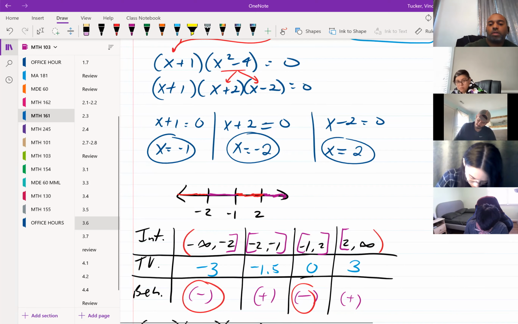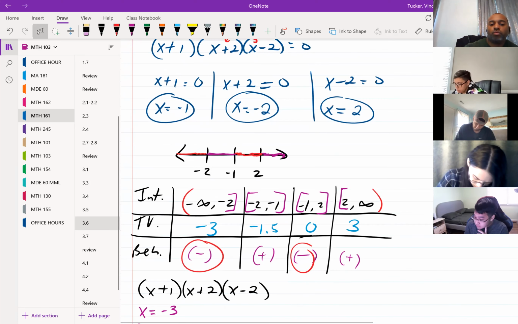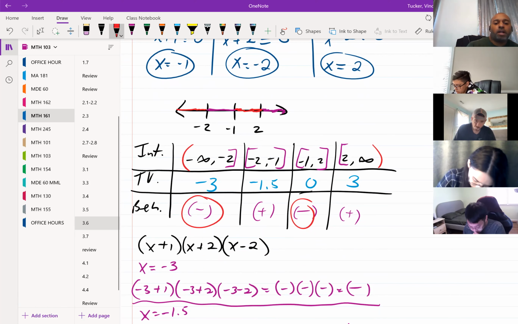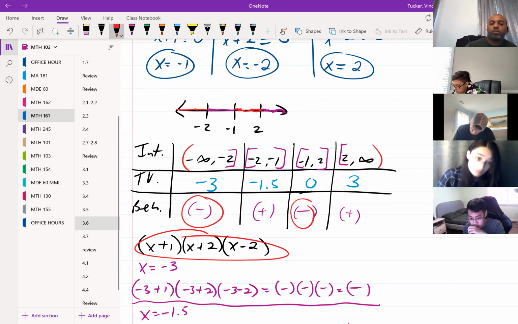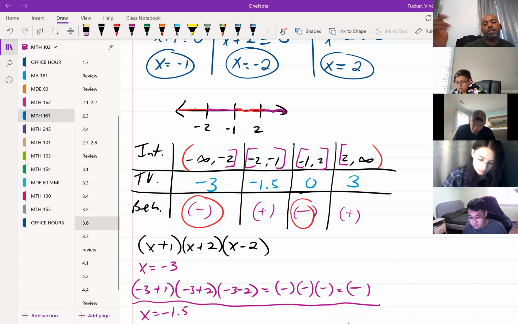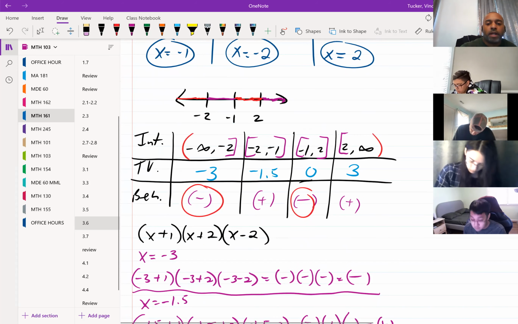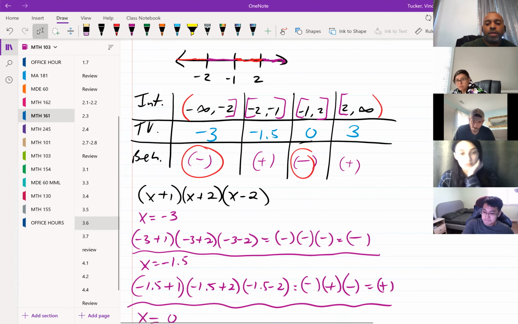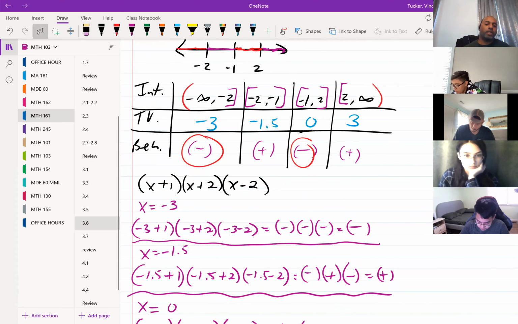All right, kind of scroll up. Once again, I like to use the factored representation of that expression. So I plug my -3, -1.5, 0, and 3 into that expression with the factors.